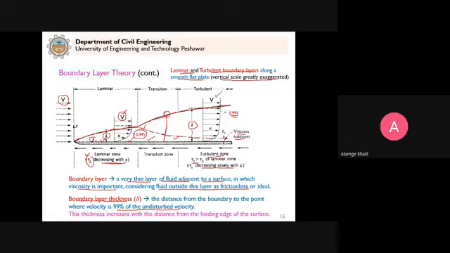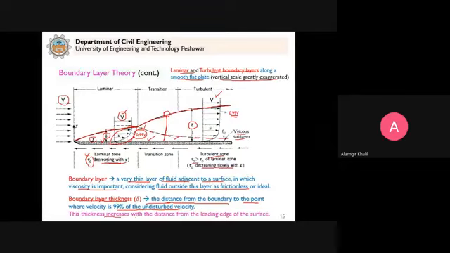Above that we have full velocity, so that is undisturbed. Below 0.99 V we have velocity gradients and the boundary layer effects are there. So this is how we define the thickness of boundary layer: the distance from the surface to the point where the velocity is 99% of the undisturbed velocity.